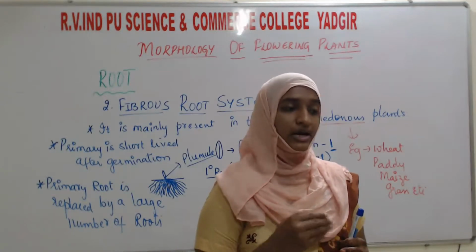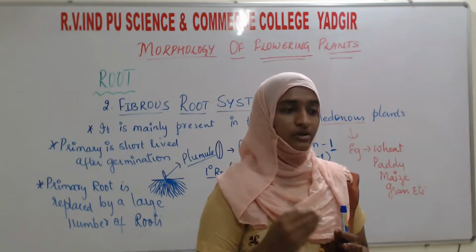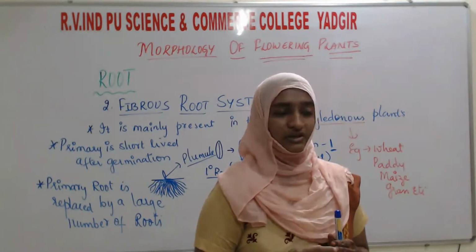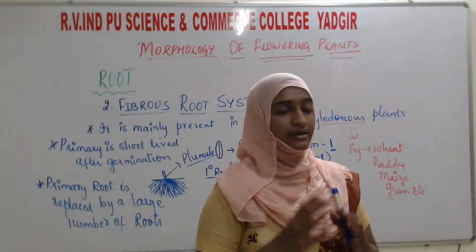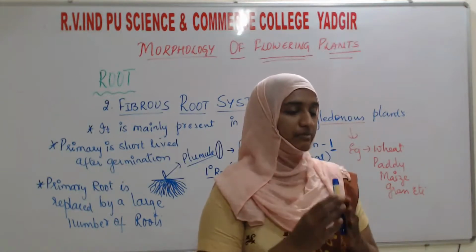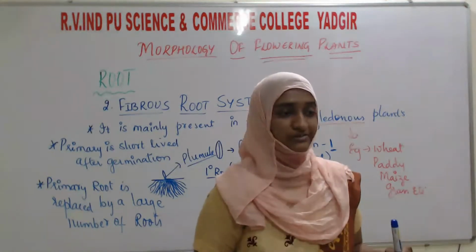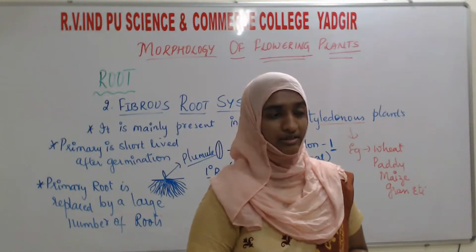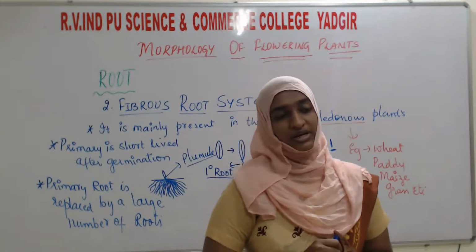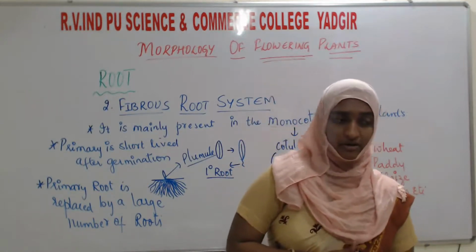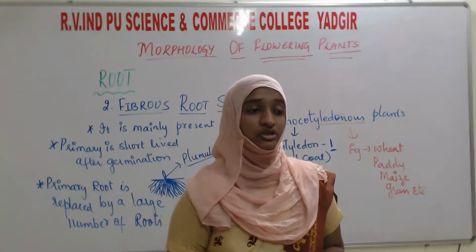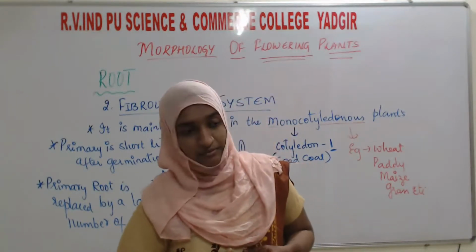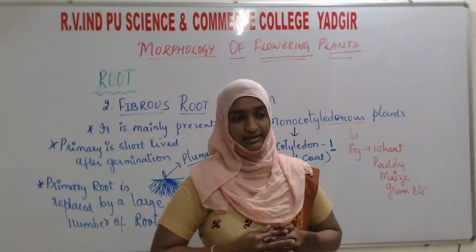That primary root again bears secondary roots, tertiary roots, which we call the lateral root system. Since the primary root forms branches in the form of a taproot, we call it the taproot system. Examples of dicotyledonous plants with a taproot system are mustard, banyan, etc.